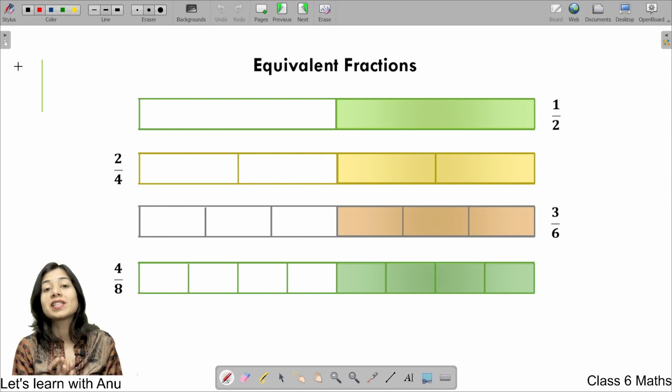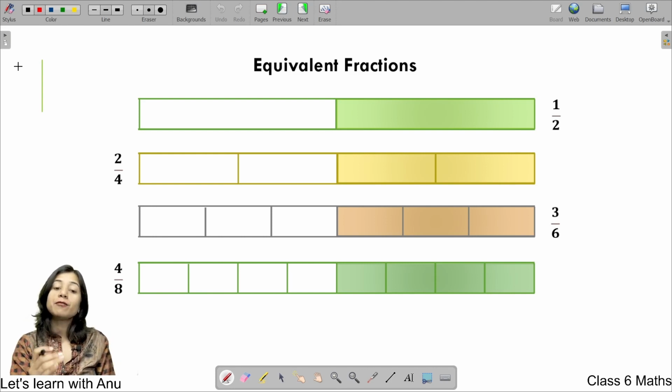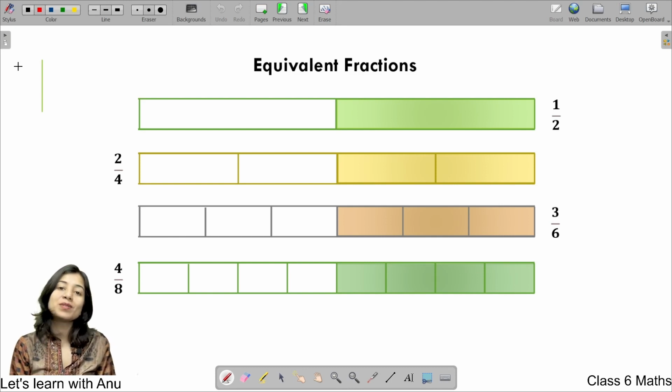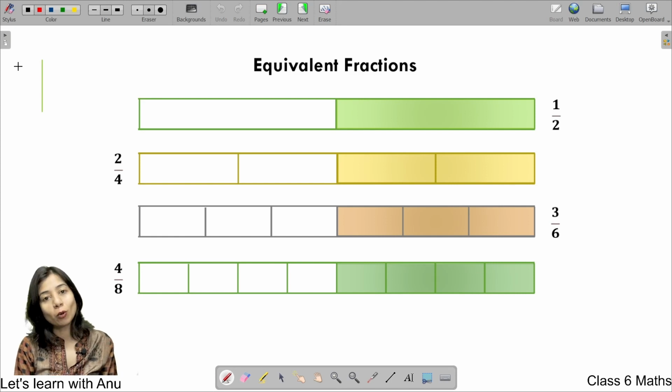These fractions represent the shaded part out of the total number of parts. So class, if we overlap one strip over the other, we will observe that they represent the same shaded portion.